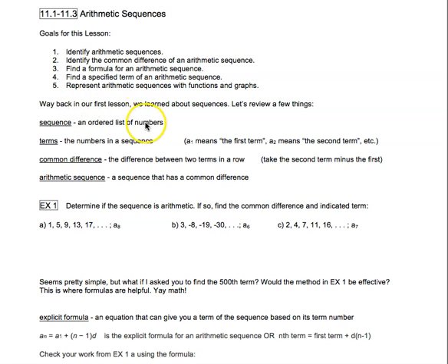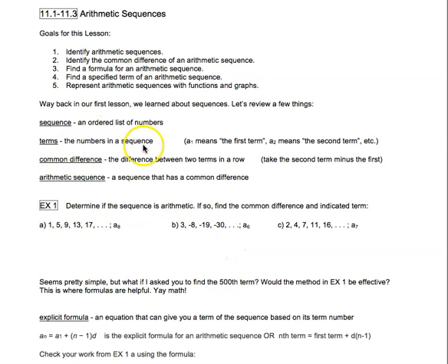So way back in our very first lesson, we learned about sequences, and we had some vocabulary here that's really important. So a sequence is simply an ordered list of numbers. So you've got numbers that are separated by commas, and then you've got the ellipses, which is the dot, dot, dot, often at the end.